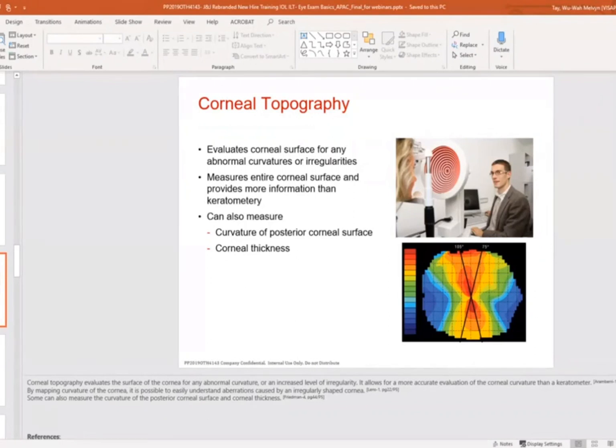But you need to take note that those values are simulated values. They are not measuring the center cornea. They are extrapolated from the peripheral parts of the cornea to the center. Based on the extrapolated values, it gives you an estimation, or they call it a simulation, of the central corneal power in the form of K1 and K2 values, and axis as well.